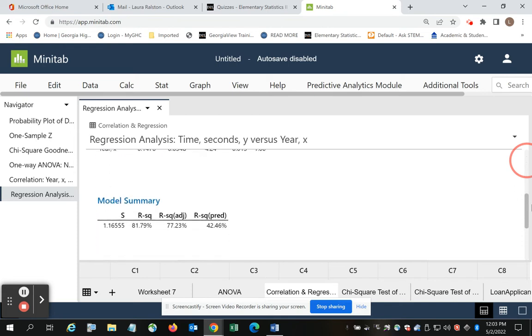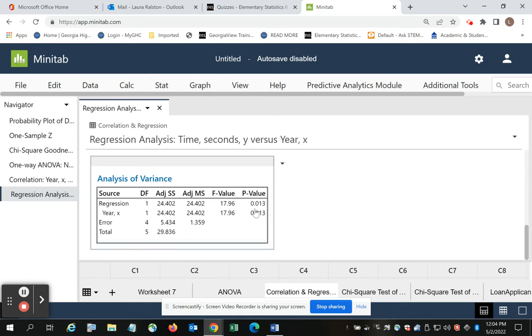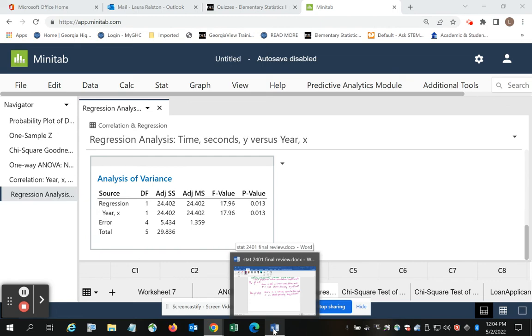So I'm going to scroll down to the header, Analysis of Variance. And I find that my F test statistic is 17.96 and my corresponding p-value is 0.013.